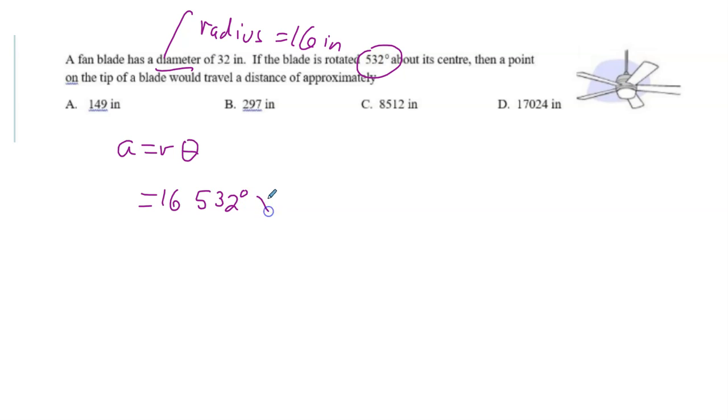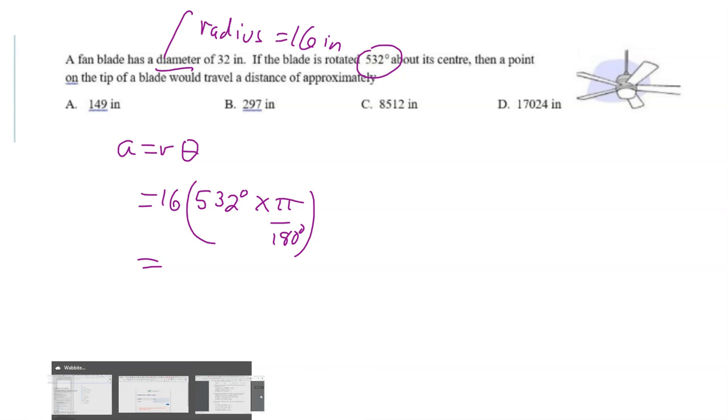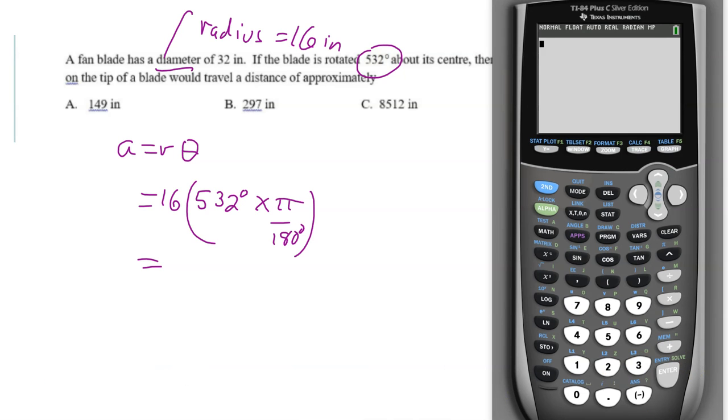So it's 532 degrees, and kind of the same deal as what we did before. So I'm going to have 16 times 532 times pi, divided by 180.